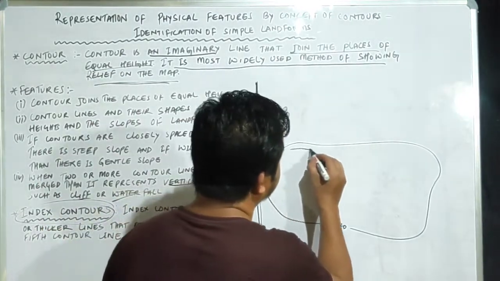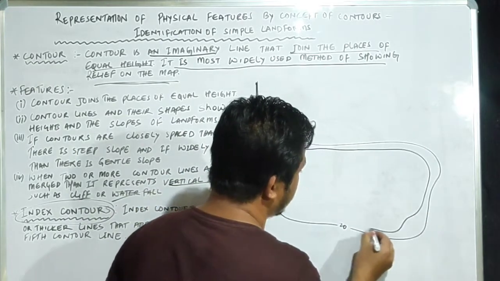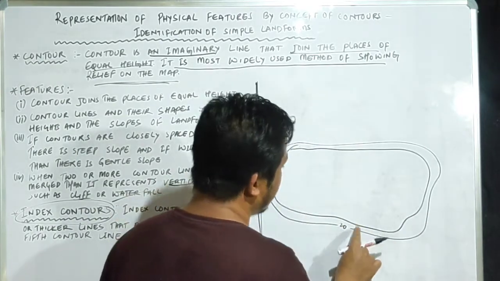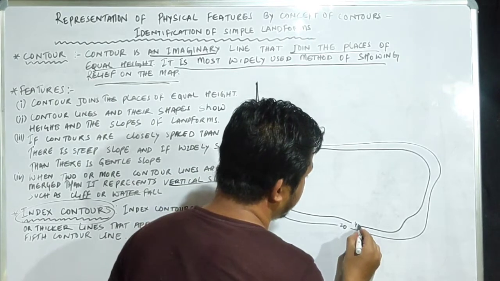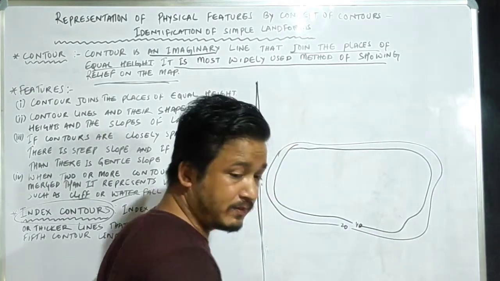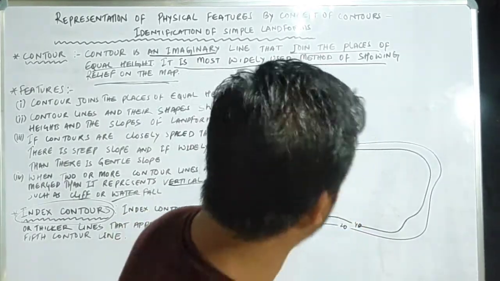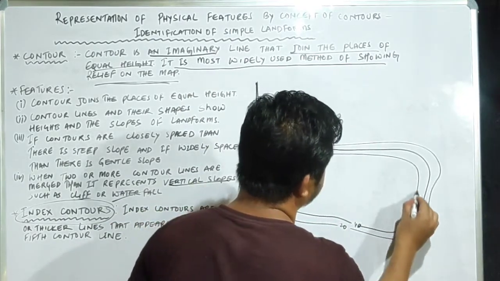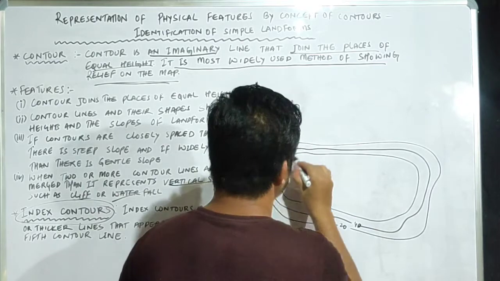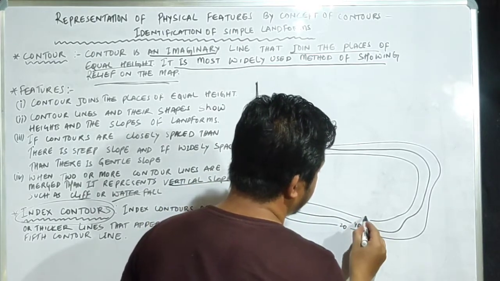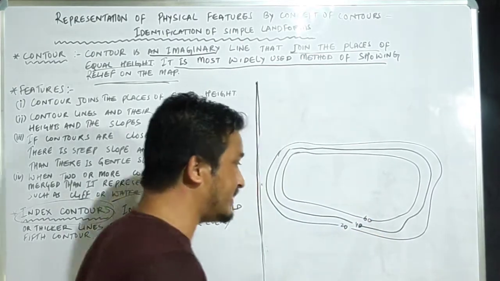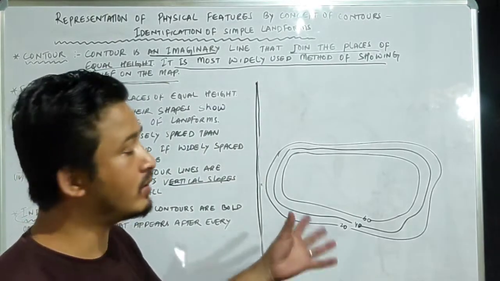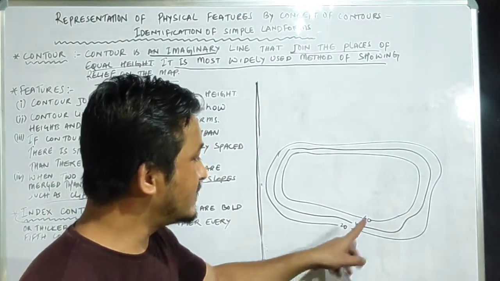After that, one more contour line is written 40 meters. Similarly, here it is written 60. It is in meters, not kilometers, not centimeters, not inches, but 60 meters.